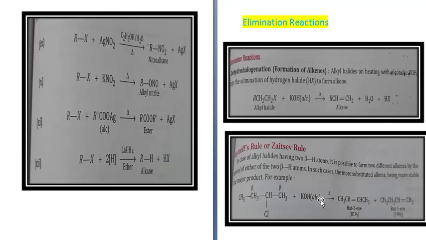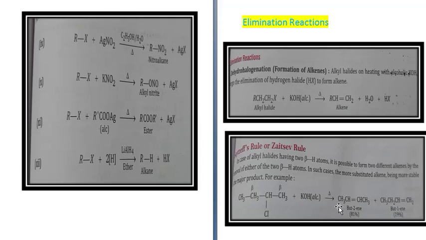In such cases, the more substituted alkene is the major product. You get 2 types of product, and the major product will be the more substituted alkene. Like if you look at an example, CH3CHClCH2CH3 plus alcoholic KOH. In the first case, the hydrogen is being removed from this side, so you get CH3CH=CHCH3, that is but-2-ene.